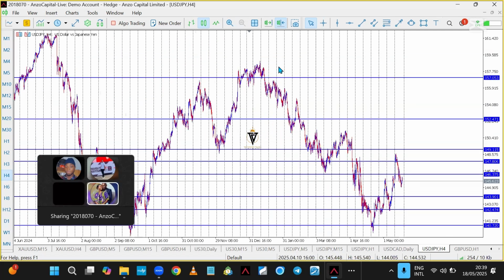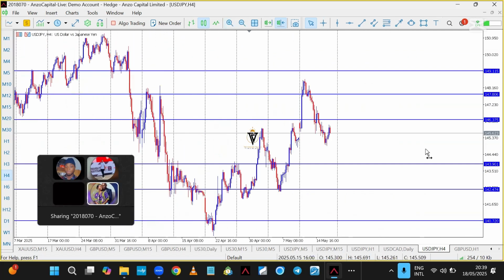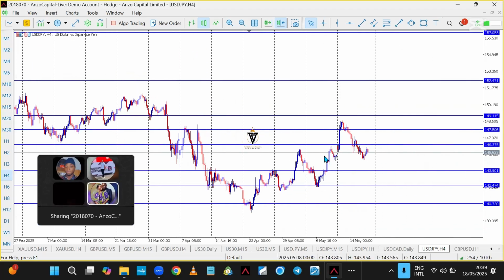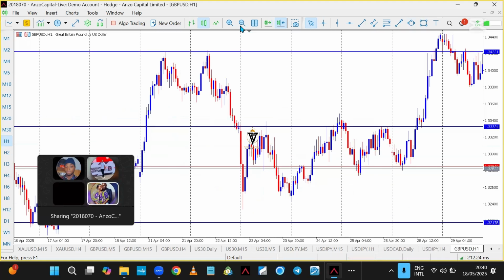But this already tells us that I have a structure that is bearish and the character of the structure has shifted already somewhere around here. So already we know that we're expecting a bullish momentum to the upside. They may decide to do otherwise, but for now, that's my bias.